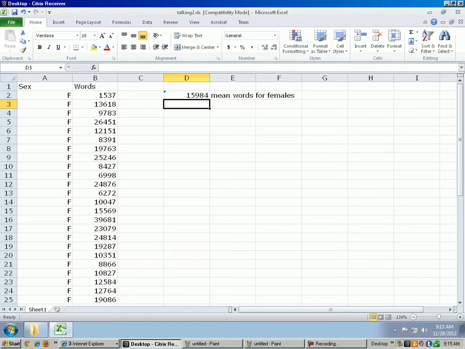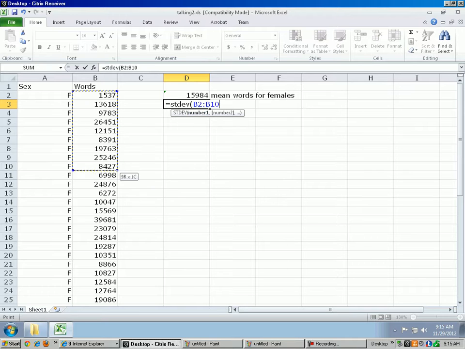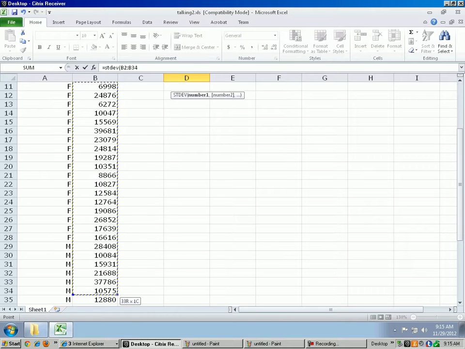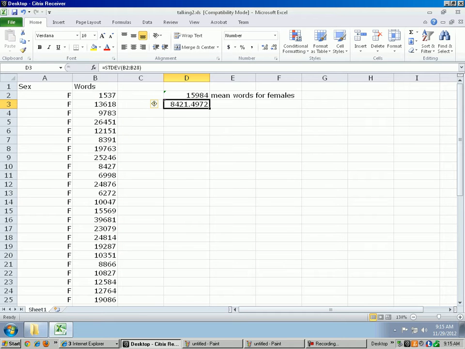So equal sign standard deviation of B2 through B28. Again, one more time, the syntax there, standard deviation of B2 through B28, where all the data for the females is, and that's the standard deviation of words for the females.